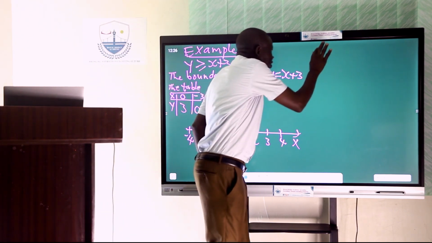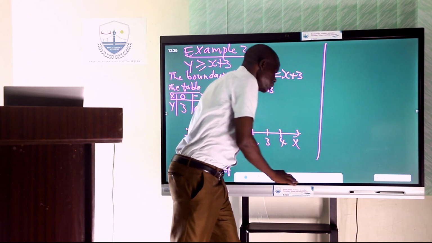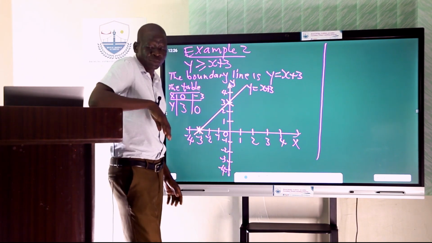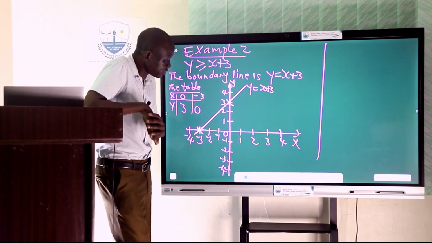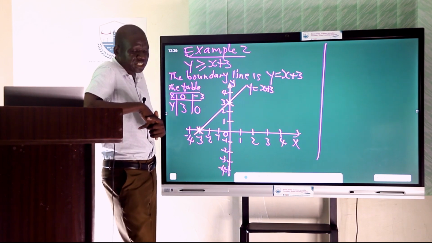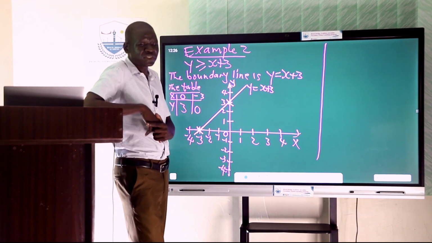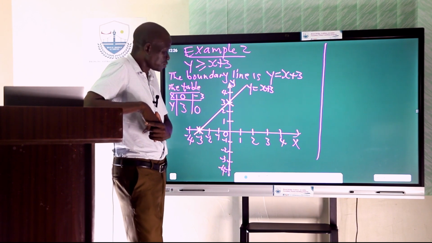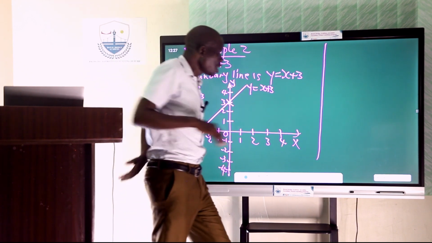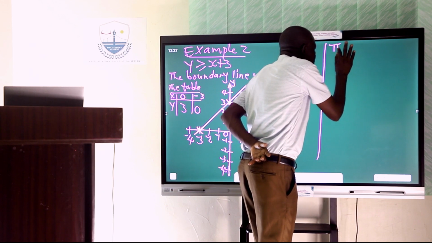To shade the unwanted region, we need what we call a testing point, a point for testing which region is wanted and which region is not wanted. So we can choose the testing point.